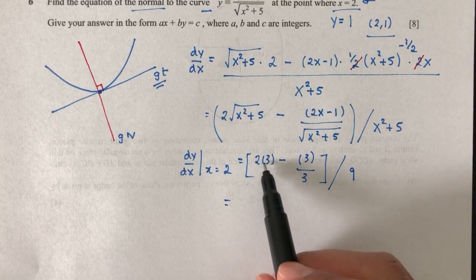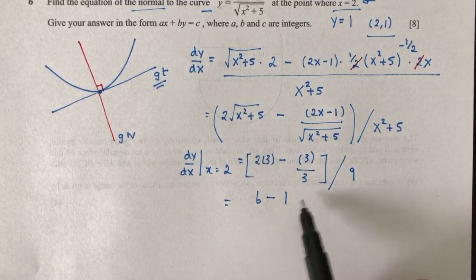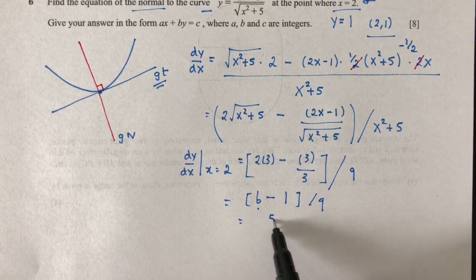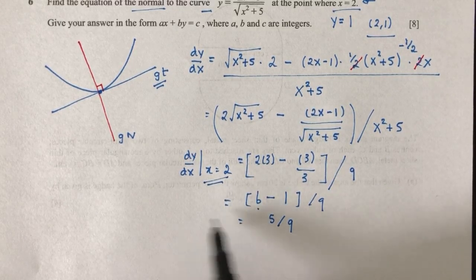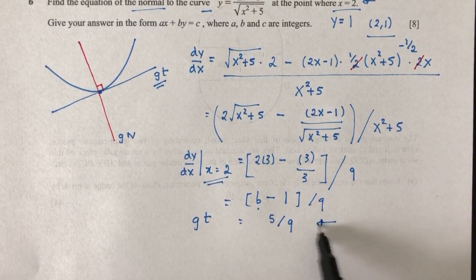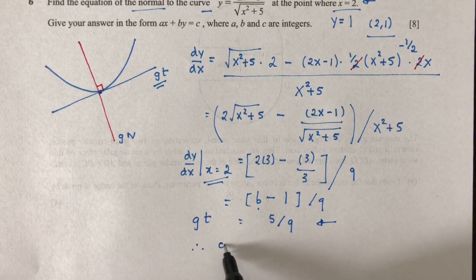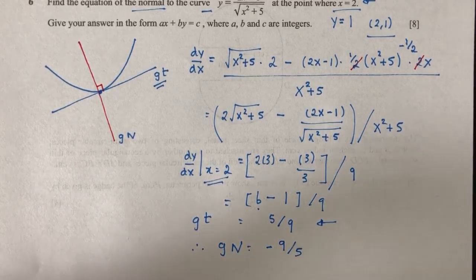So simplify, this will give me 6 minus 1 divided by 9. This will be 5 over 9. So dy by dx at this is 5 over 9, which is the gradient of the tangent. So from this we know gradient of normal will be minus 9 over 5.